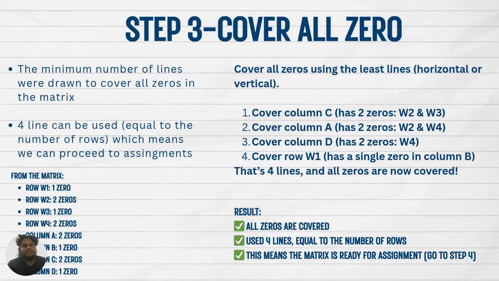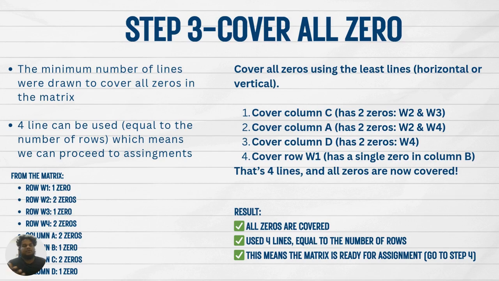How we do it is, first we prioritize the column or the row which has more zeros. As you can see, I have listed here the columns and the row which have the most zeros. The columns chosen are column C, which has two zeros, column A, which also has two zeros, column D, which has two zeros, and row W1, which has a single zero in column B. So that's 4 lines, and all zeros are covered now.